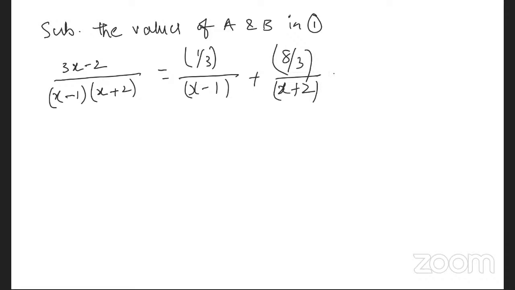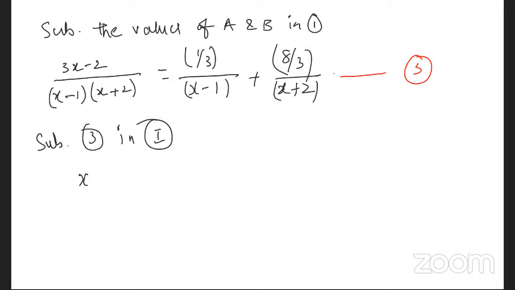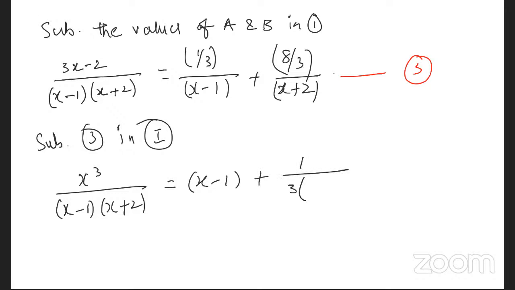We'll consider this as equation 3. Substitute this in equation 1, which will be the end answer. What do we get? x cubed by (x minus 1) into (x plus 2) is equal to x minus 1 plus 1 by 3 into 1 by (x minus 1) plus 8 by 3 into 1 by (x plus 2).